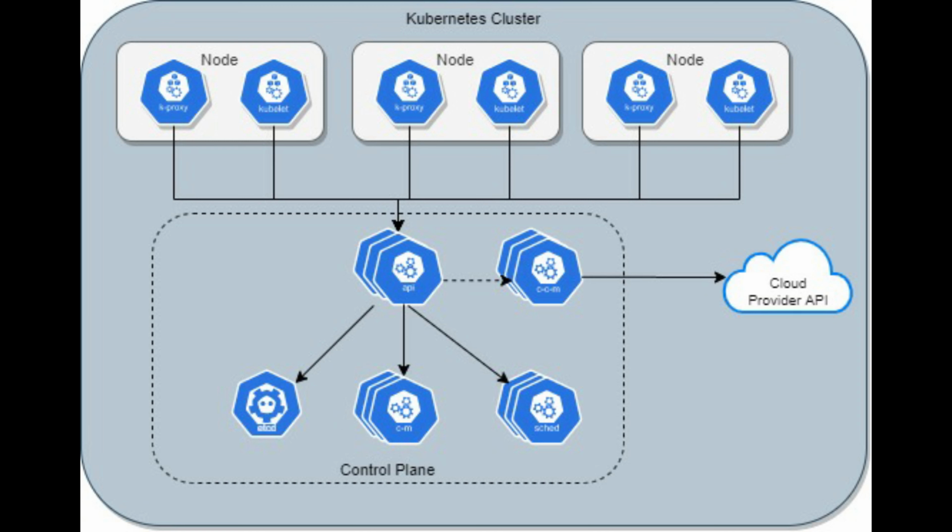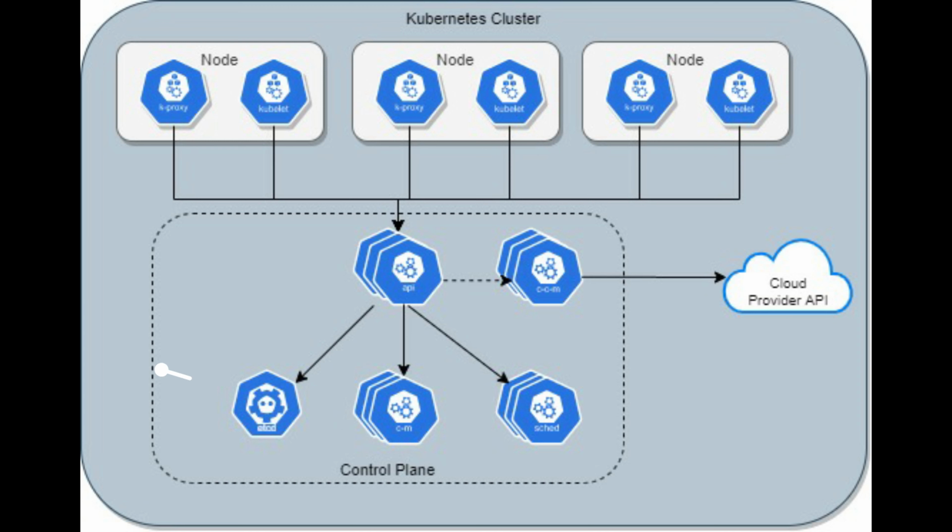The main implementation of the Kubernetes API server is called kube-apiserver. The kube-apiserver is designed to scale horizontally. That is, it scales by deploying more instances of itself. You can run several instances of the kube-apiserver and balance the traffic between those instances.